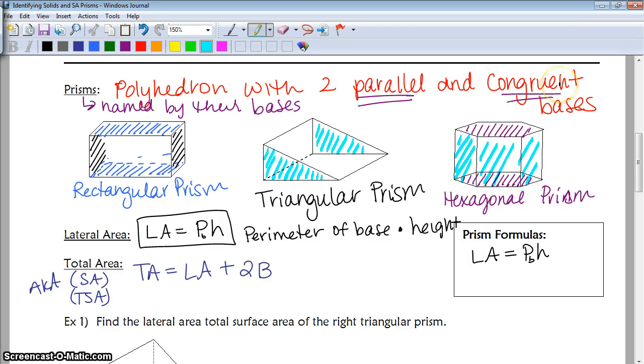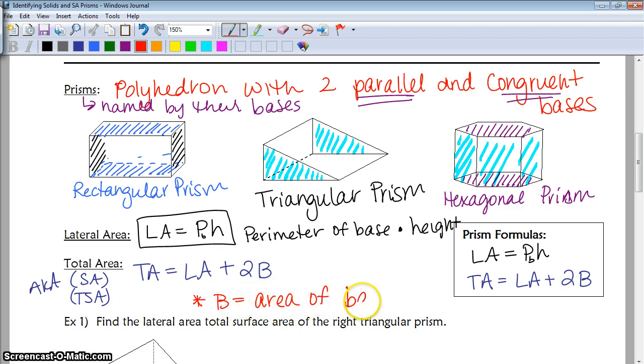So that's part of the reason why we can't have a more specific formula here, because it really depends on what kind of shape you're working with. So our total area is LA plus 2B. Now what does capital B stand for? This is really important. Capital B stands for area of the base.